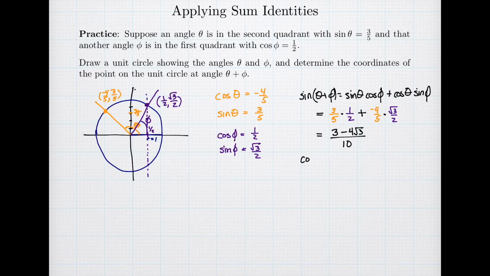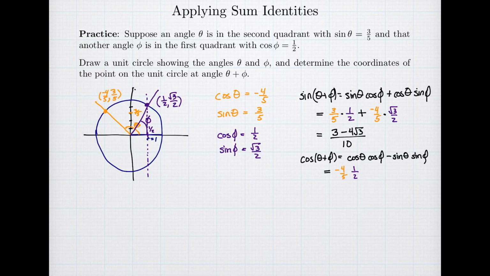I'll get the cosine in a similar way, except that the cosine ends up mixing cosines and sines together. So I get cosine theta cosine phi minus sine theta sine phi. So the cosine of theta was -4/5, and the cosine of phi was 1/2.